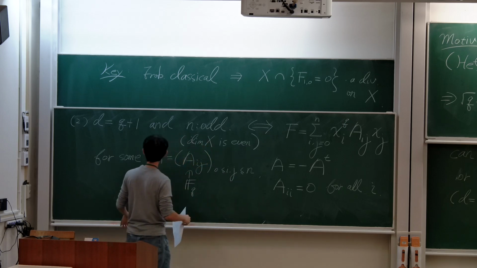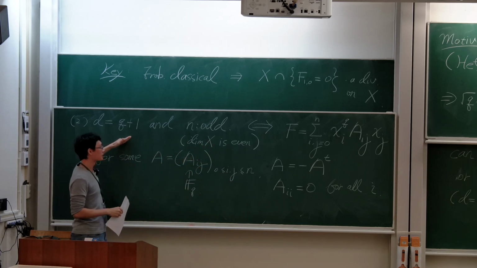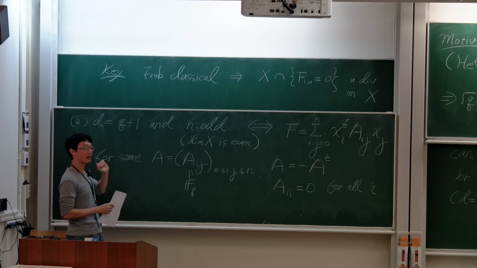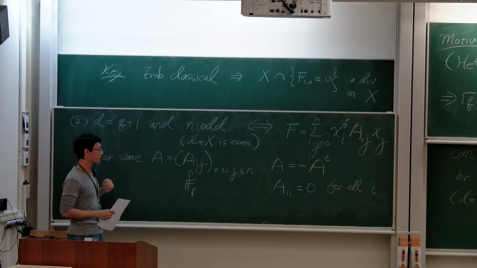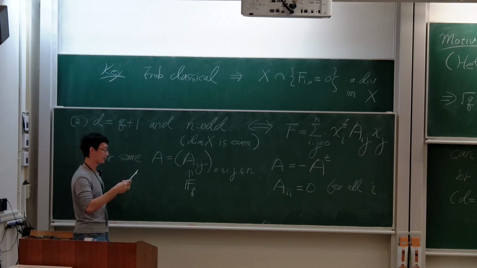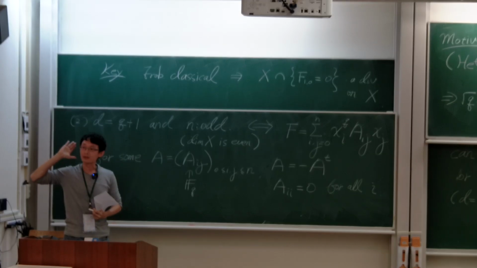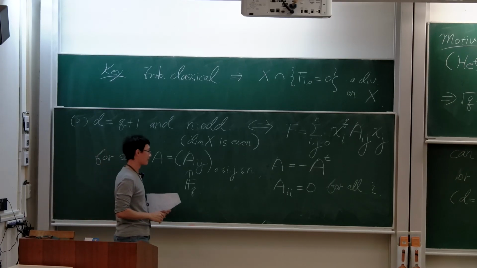So this is the case when the degree is q plus 1 and the dimension of x is even. And the first example I provided in the very beginning belongs to this category. Again, non-degenerate.